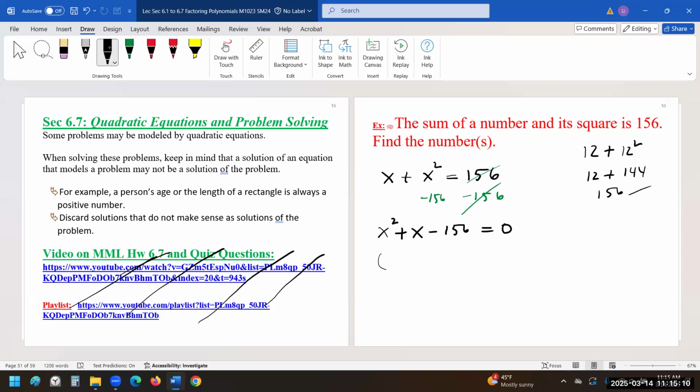Since it's a nice quadratic equation, most likely we will be able to factor this. And then it comes a little bit of hard work. What are the two numbers that multiply to 156 and combine to 1?